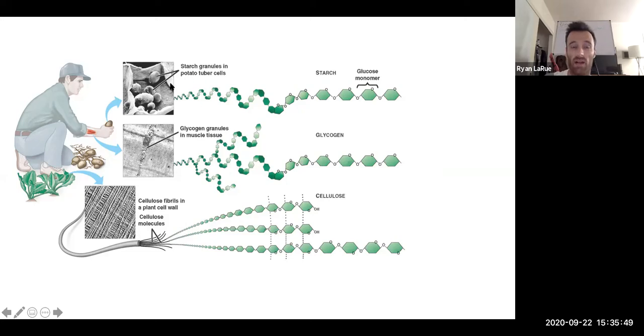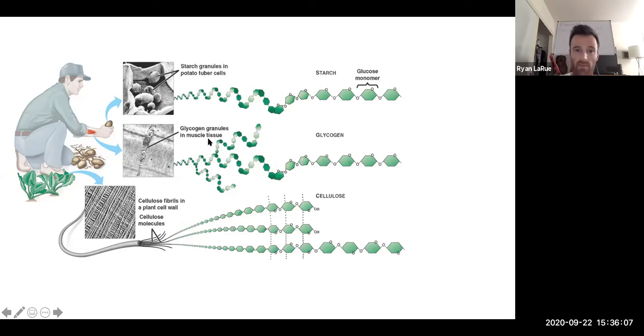Within the cells of potatoes, wheat and corn, you'll find granules filled with long carbohydrate chains. Why is that? Well, we're going to talk about it in one second.